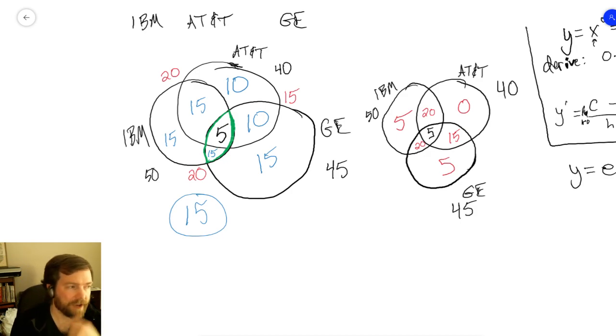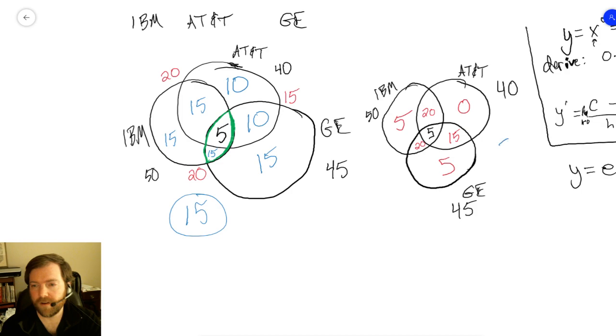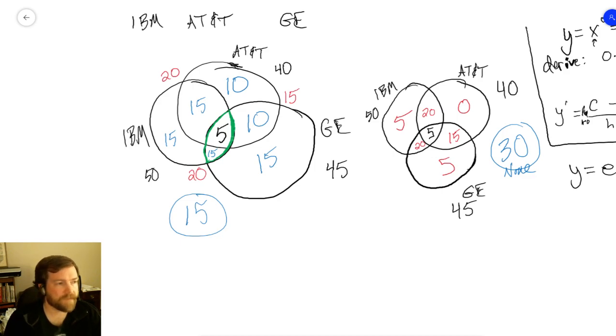Which means when you add them all up, we've got 20, 40, 50, 55, 60, 70. Which means that on the outside of everything is going to be 30 for none. So technically, this works either way.